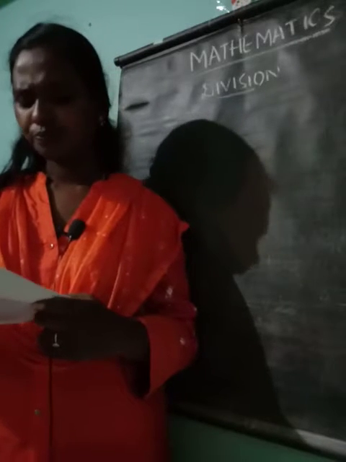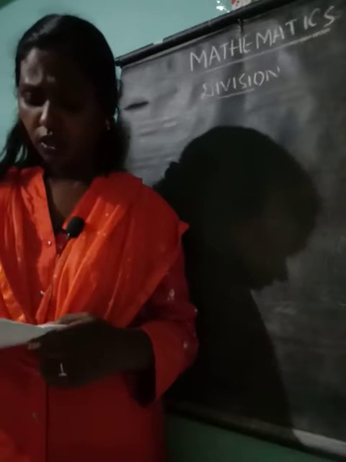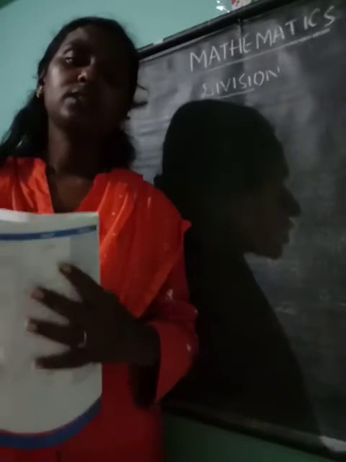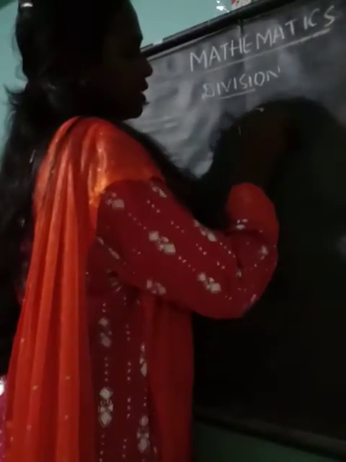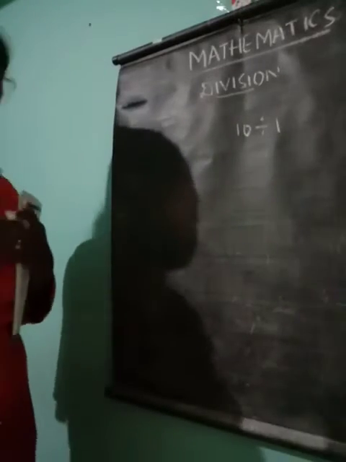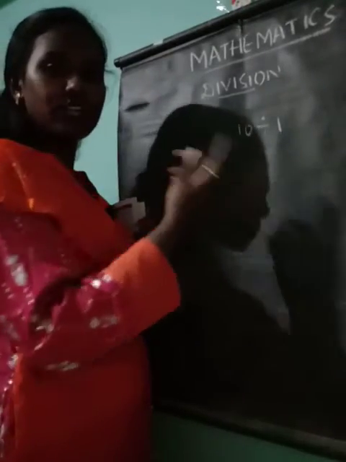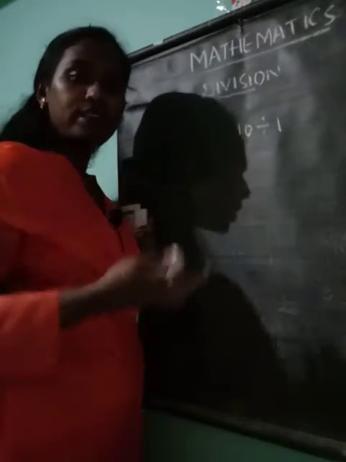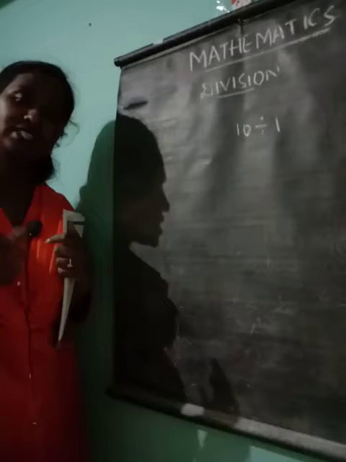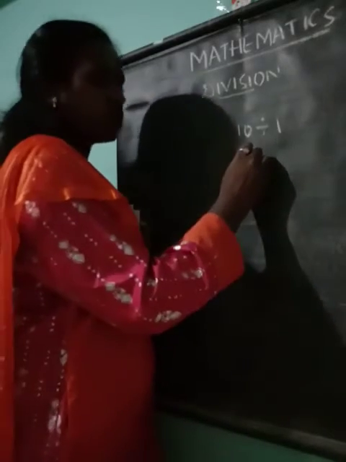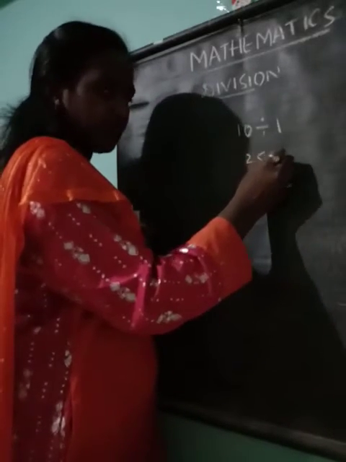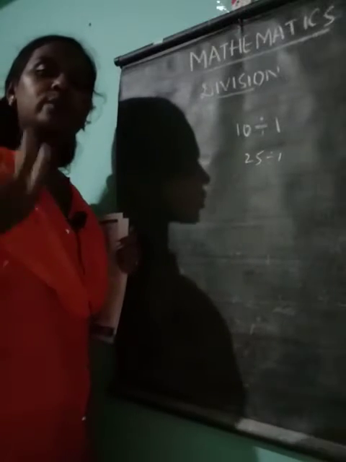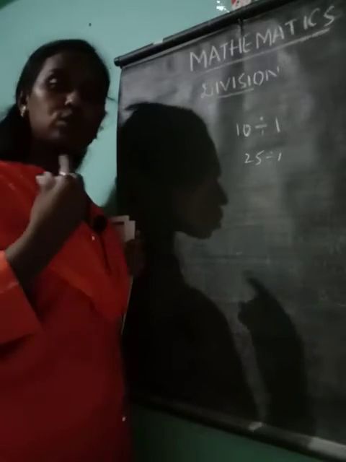So if you divide any number by 1, for example 10 divided by 1. In the table of 1, I get 1 into 10. So the quotient is the same as the dividend. That is what the first property is saying. If I divide 25 divided by 1, it is 25, so the quotient is also 25.